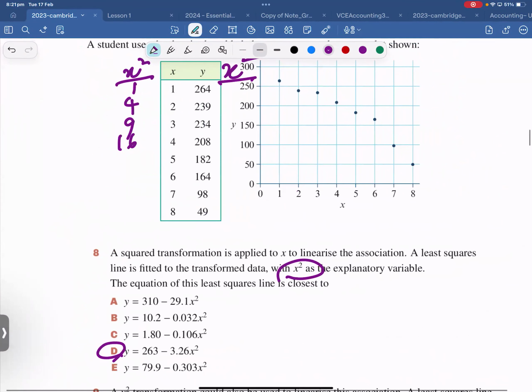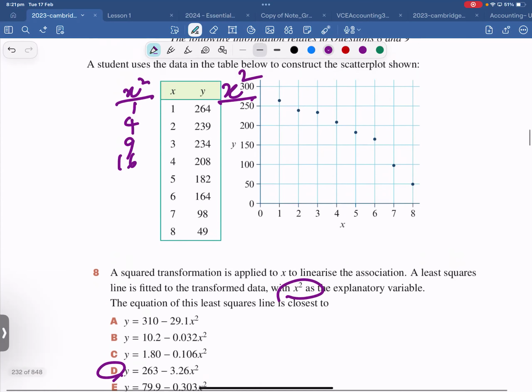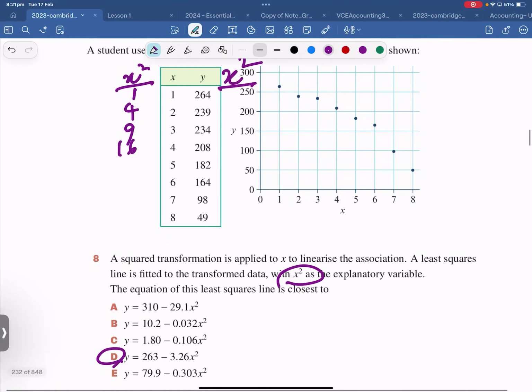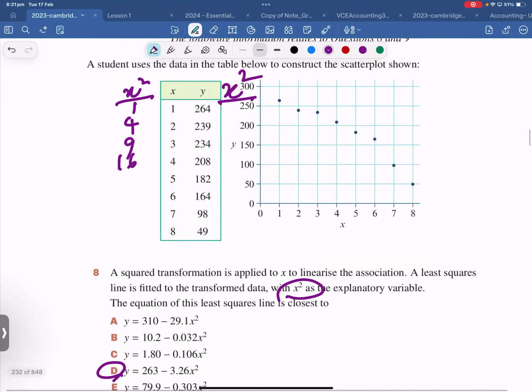What was the question? D or A? A? Sure? Yeah, 260. I mean, 263, because it can't be 263. No, because when X is 1, Y is already 264. So if X is 0, it would have to be higher.